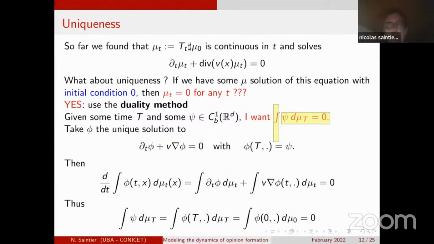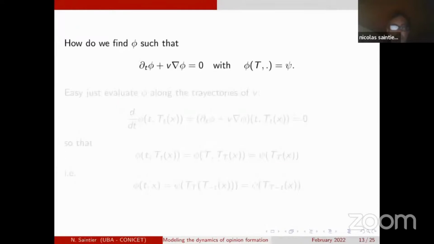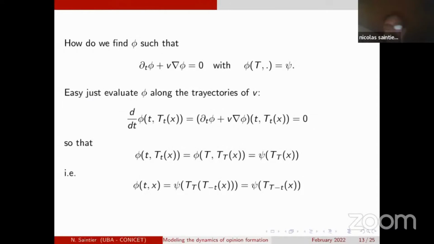So maybe let's say a word about how we find this function, which again is the characteristic method, but here much easier because we are in a smooth setting, because psi is a smooth function. And how do we find that? Easy. We just have to again follow the trajectories of v. It's always the same idea.